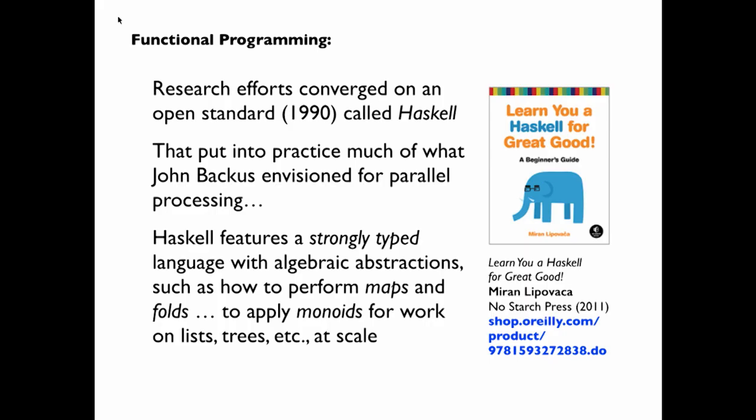One of the things about Haskell is that it's a very strongly typed language. And the types are interesting because they implement certain things out of abstract algebra, certain kinds of abstractions, like monoids. And they allow you to perform certain operations, maps and folds. Essentially, they provide a kind of MapReduce framework.